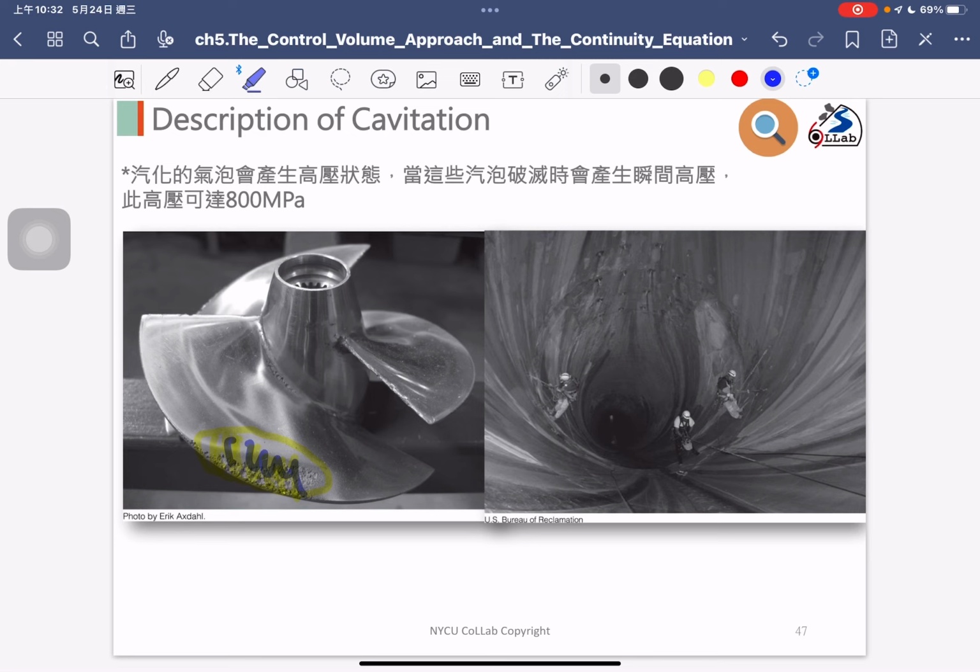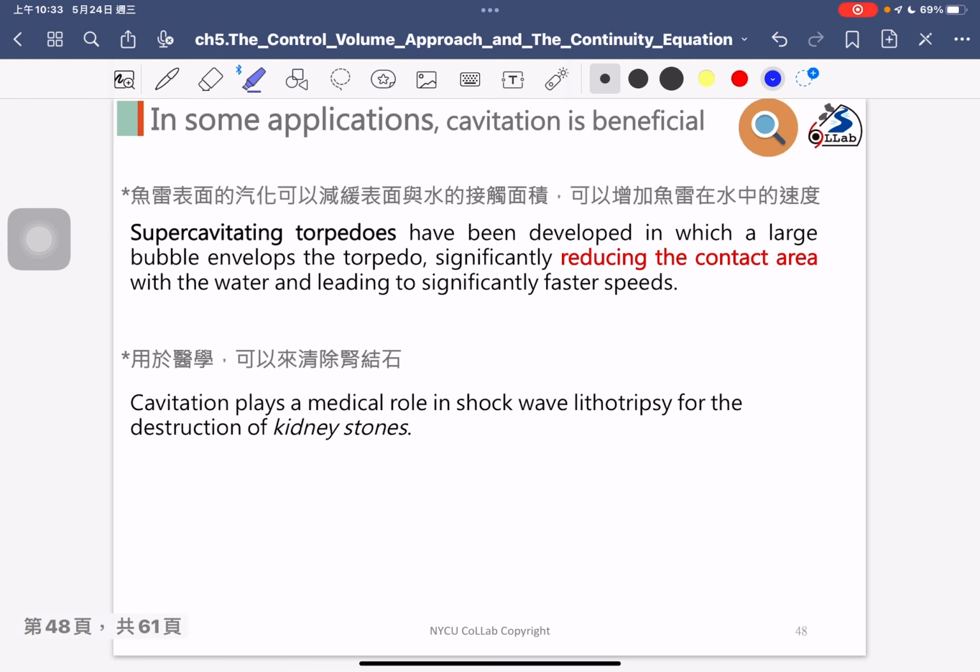And then you can see there is a spillway, and the spillway surface has some breakage, also caused by vapor bubbles. Okay, so cavitation is not always a killer.